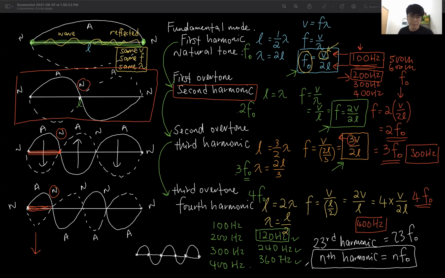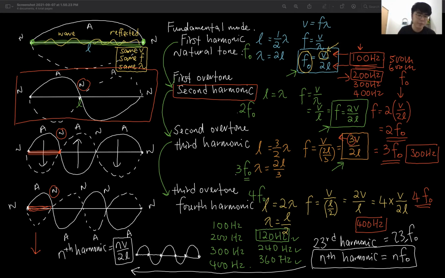Or we can say, the nth harmonic equals n, and then we put the formula, n v over 2l. So this is from the equation of the fundamental frequency.